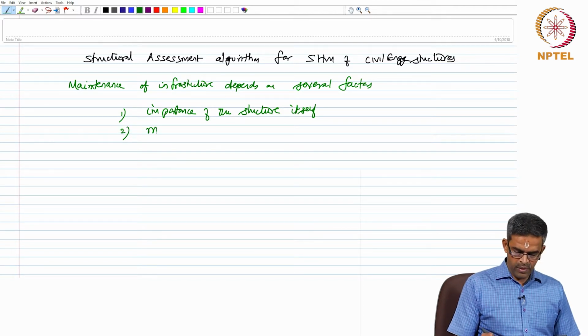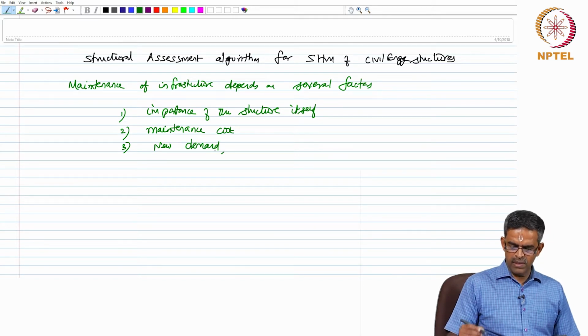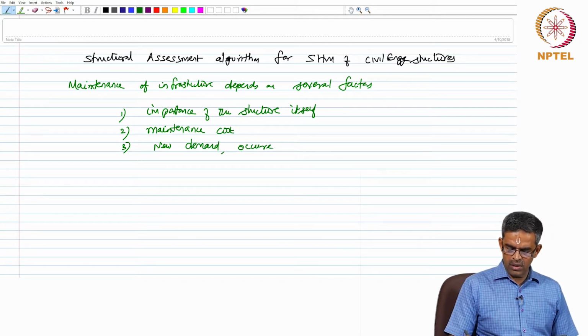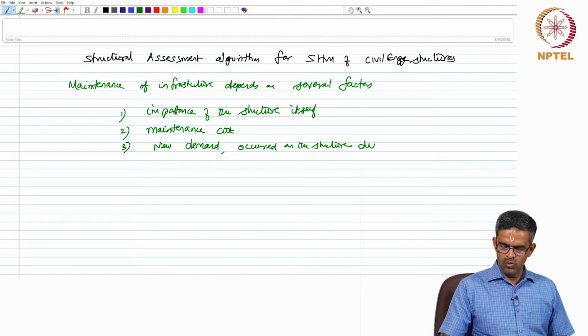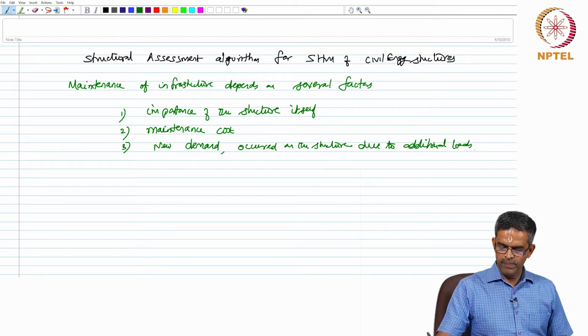Two, cost of maintenance. And 3, the new demand which has occurred on the structure due to additional loads, if any.